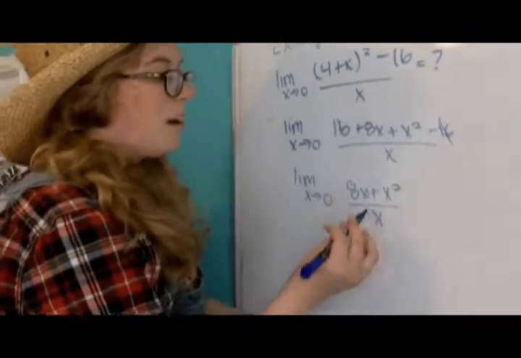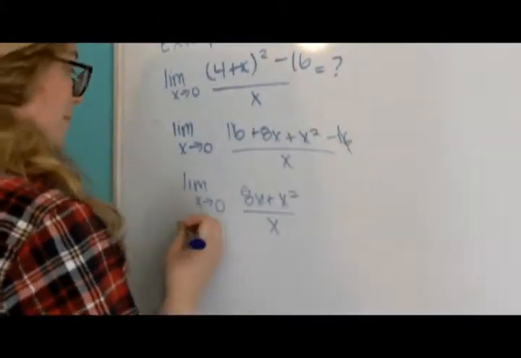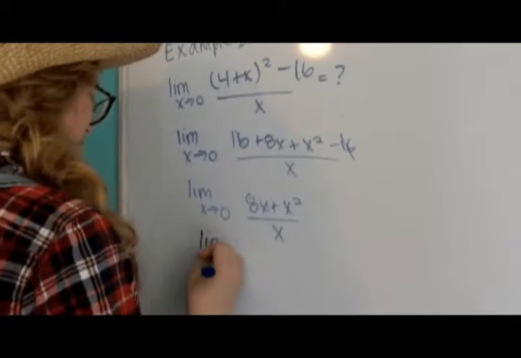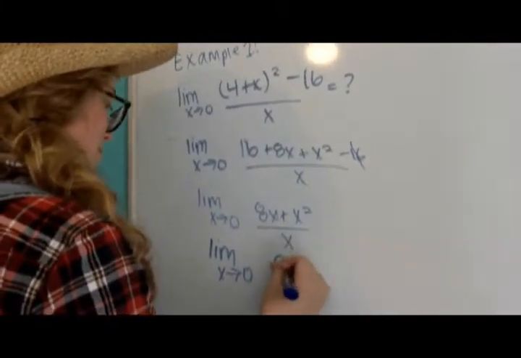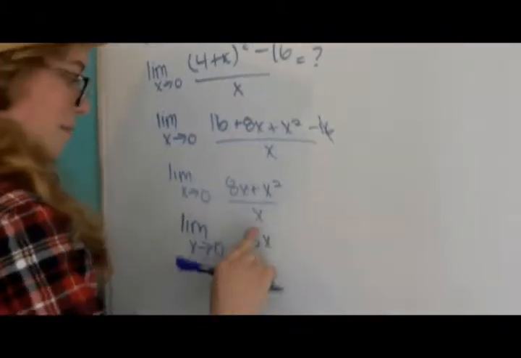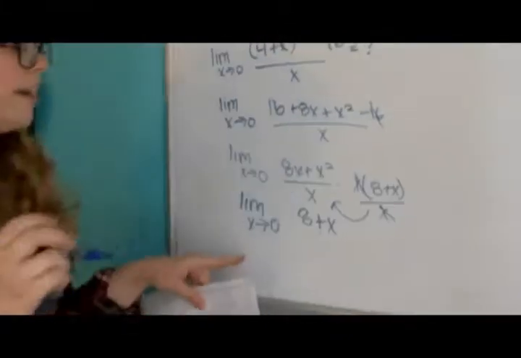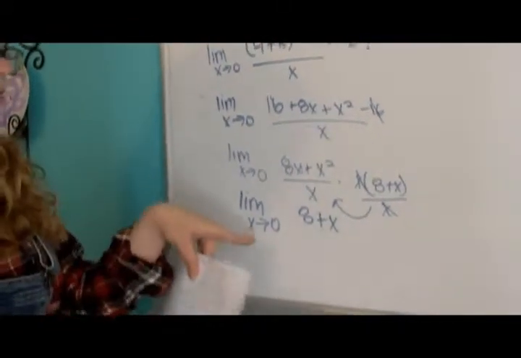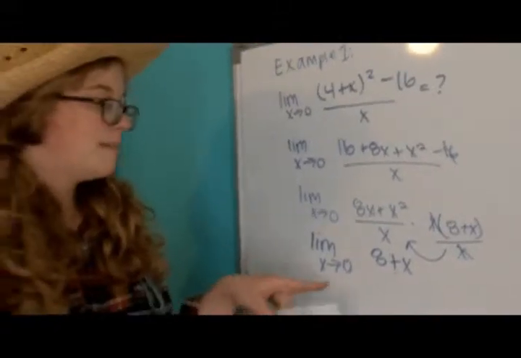Well, since all of them have an x in it, you can factor out an x. Now that you have the limit as x approaches 0 of 8 plus x, you can start subbing 0 in for x's.